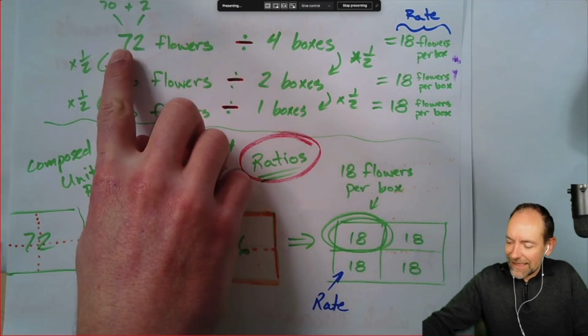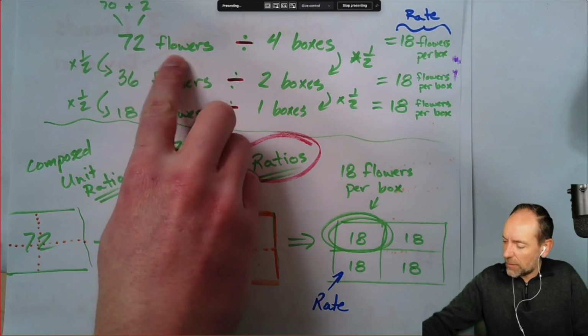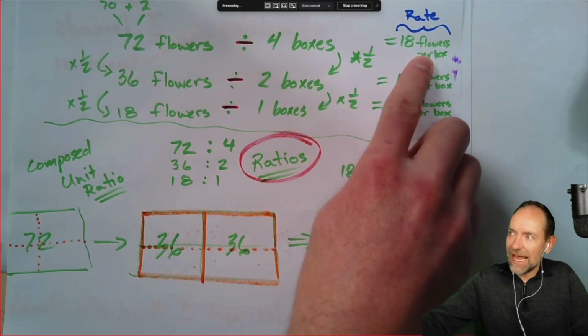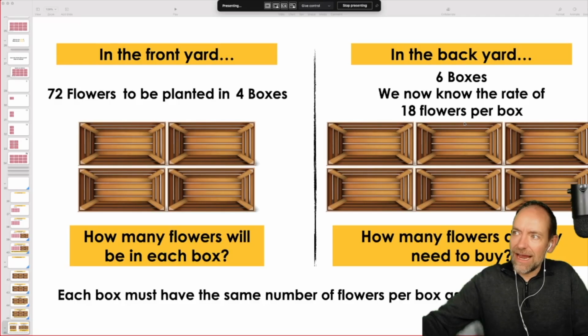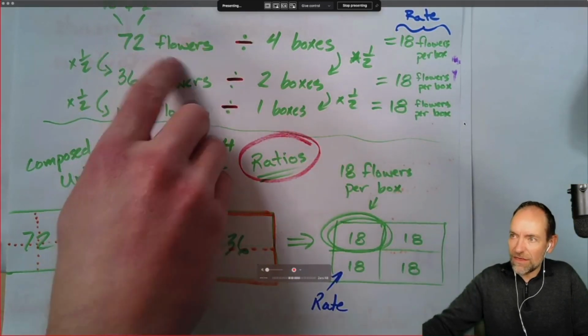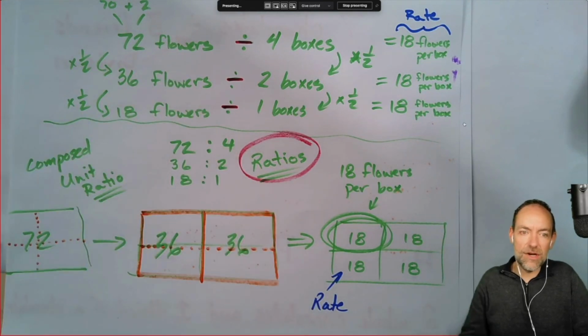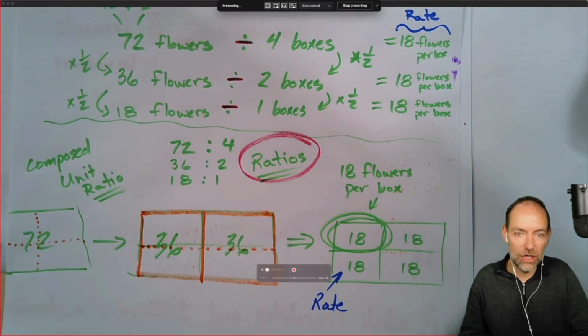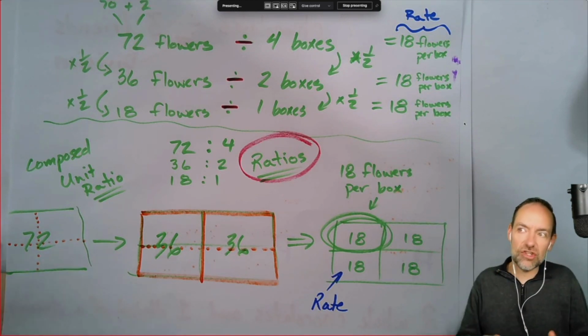But that's 18 flowers per box. Wait, where's 18 flowers per box? That's way over here. That's the answer to this problem. That's the rate. Now we're given the rate and I want to know how many flowers. I want to know what this number is now. Wait a second. That is not going to have us use that same exact strategy.